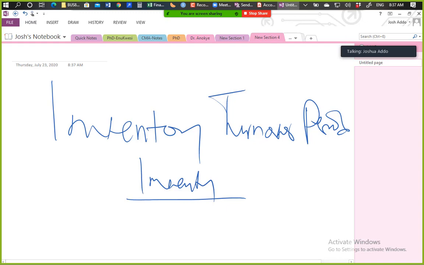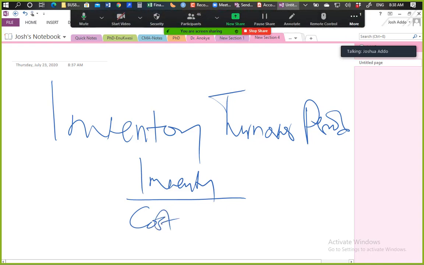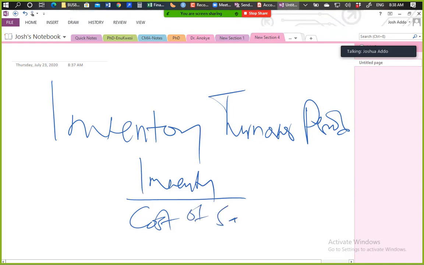But in almost all companies, you will not get that figure, so we use a proxy: cost of sales, because the inventory cost will go into the cost of sales. That's the one you can find in the financial statement. Cost of sales, or cost of goods sold.